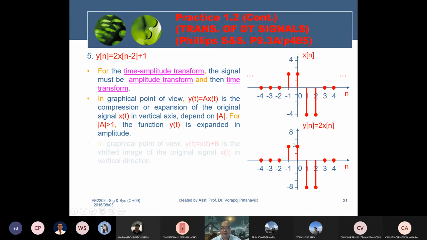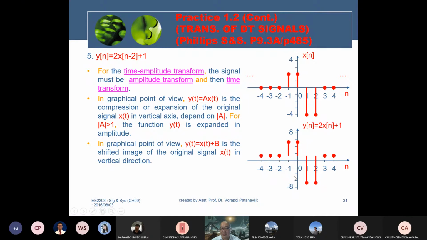Next step, you proceed with the amplitude shifting. From the graphical point of view, y(t) = x(t) + b is the shifted image of the original signal x(t) in the vertical direction.